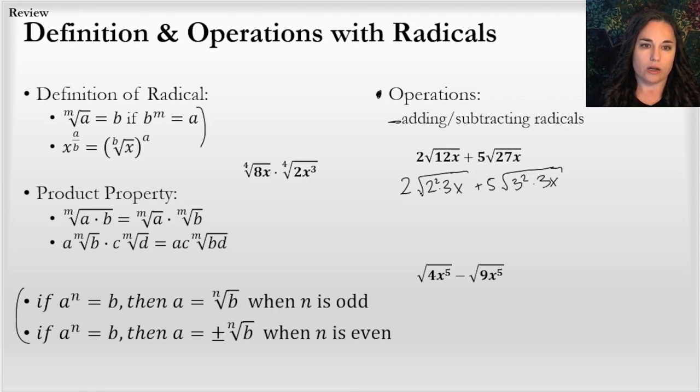When I see those squares under the radical, I'm going to bring that factor out. So I'm going to bring a factor 2 out. I get 4 square root of 3x, plus 5 times 3, 15, square root of 3x. And when I add those together, I get 19 square root of 3x.